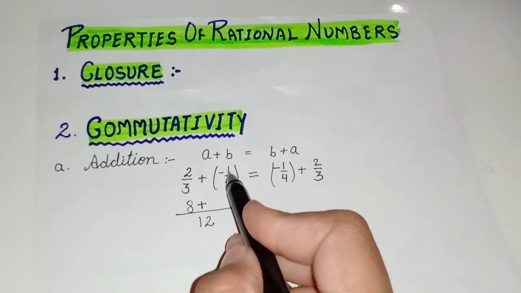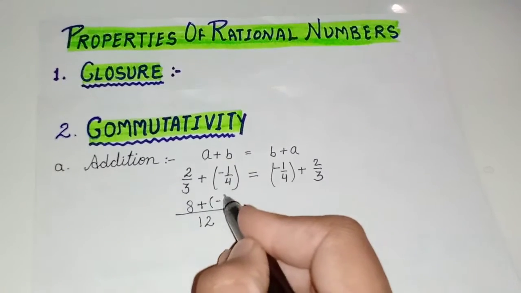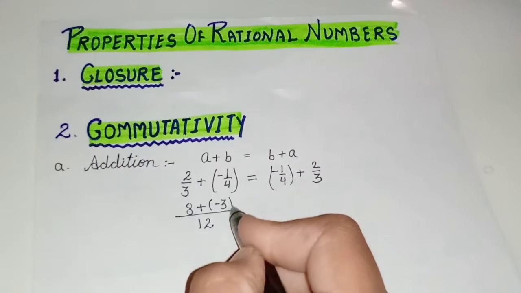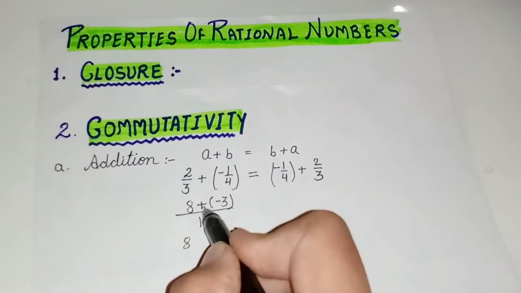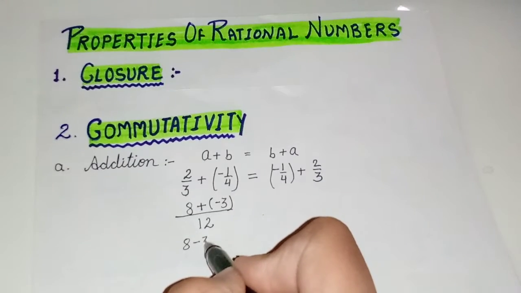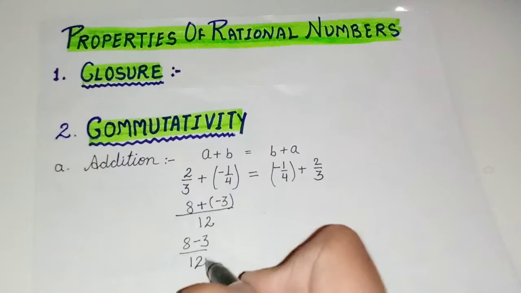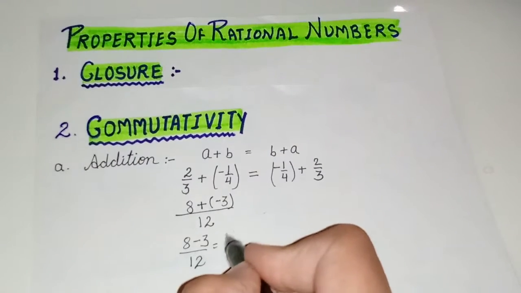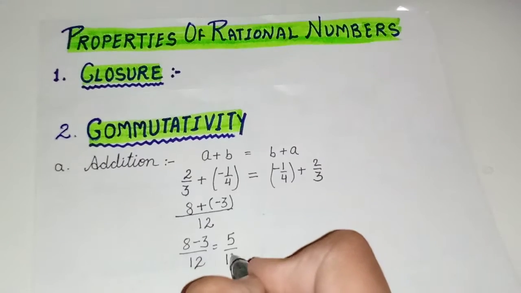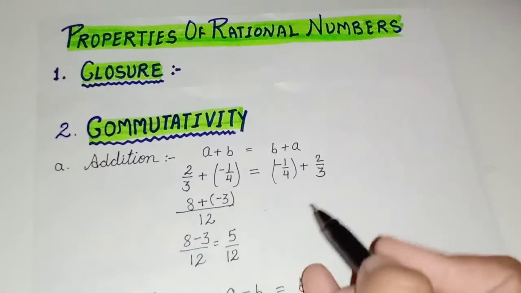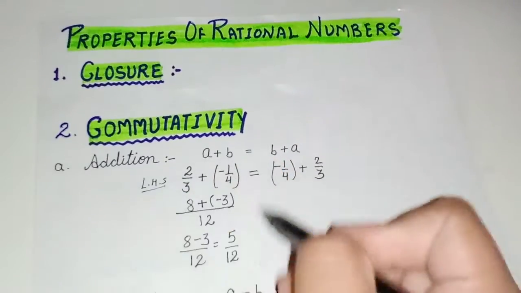So the numerator also will be multiplied with 3. Minus 1 into 3 we have minus 3. 8 plus minus 3 upon 12. So we got 5 upon 12. The answer of the left hand side we got is 5 upon 12.